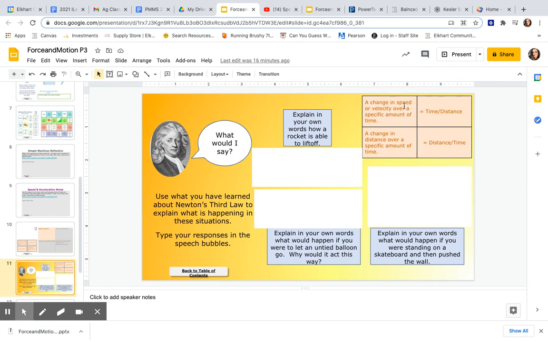A change in speed or velocity over a specific amount of time equals time and distance or equals distance and time. A change in distance over a specific amount of time would be what? Time and distance or distance and time.